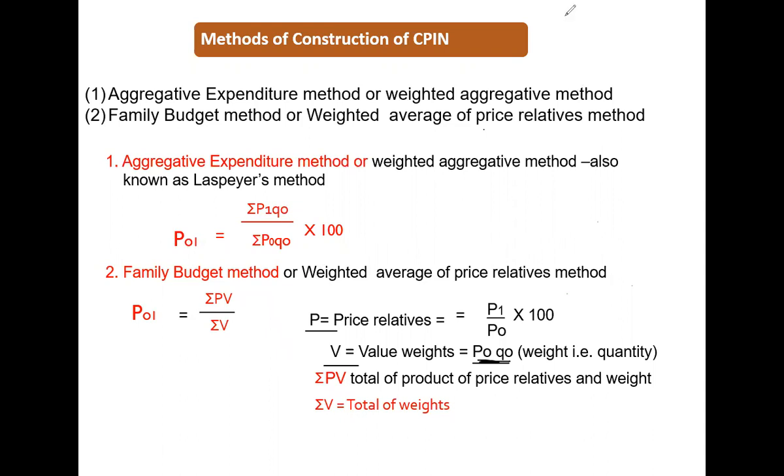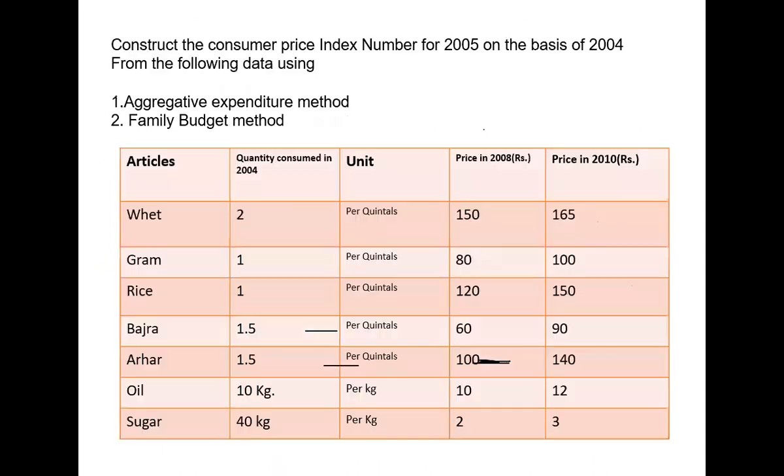So let's see the calculation. So we have data here. We have the quantities Q naught. So we have the various quantities here, which is our Q naught. Okay. And this time the quantity was provided for 2004, but price is not provided for 2004. Rather, you are asked to use the price in 2008 for the base price.